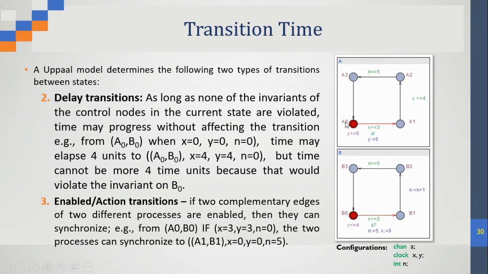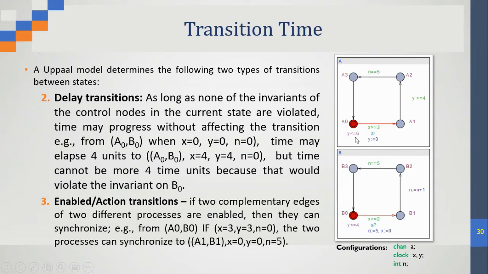So if you are now in location A0, B0, then once you move to the second location, A1, the y will be 6 or 4, which will be 4, since as we say, we take the smallest one.